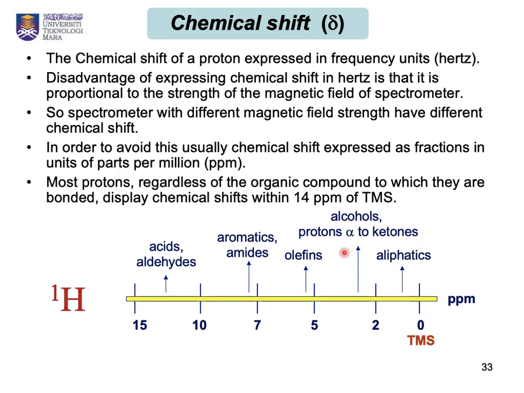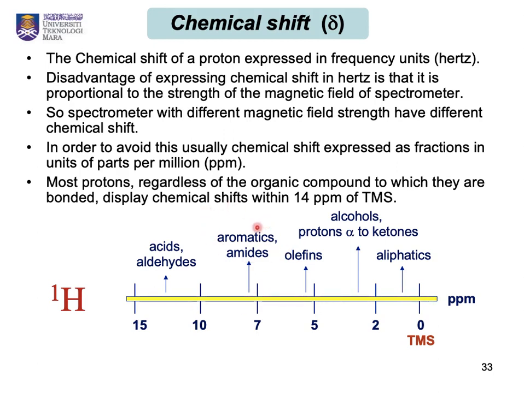You can see aliphatic compounds generally come in between 0 to 2. Alcohol protons and alpha ketones come in between 0 to 5. Olefins generally lie at 5 to 7 ppm. Aromatic compounds generally lie in between 7 to 10.